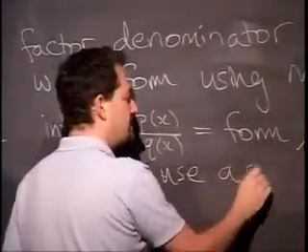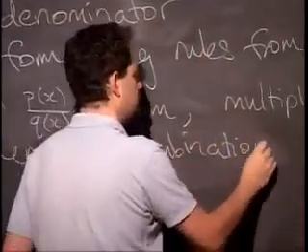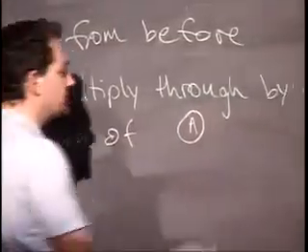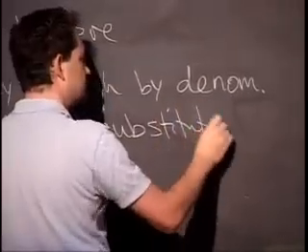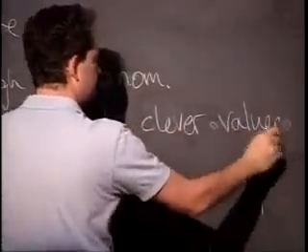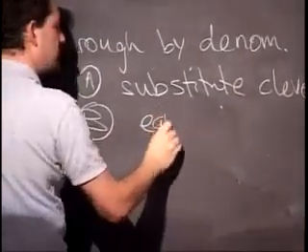Use a combination of method A, which was to substitute in clever values, and B, equate coefficients of a power of x.